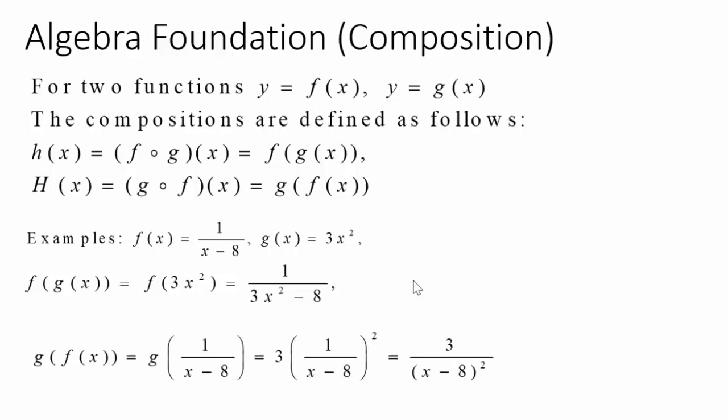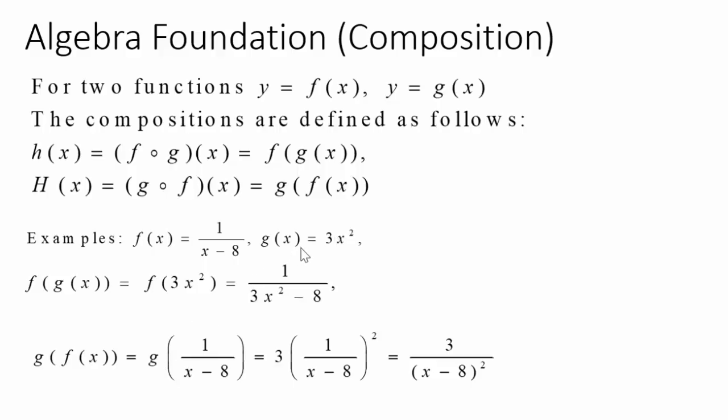Now we'll change the other way. We are writing now g of f of x. So f of x is now replaced here, which is 1 over x minus 8. Now g of 1 over x minus 8. Now 1 over x minus 8, this is the new input for the function g.